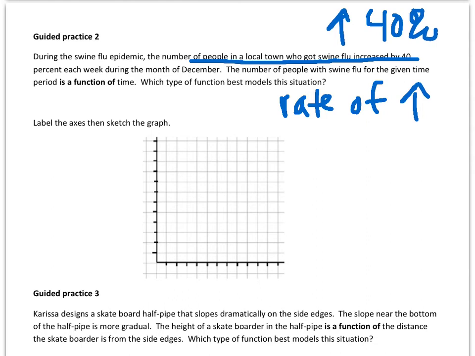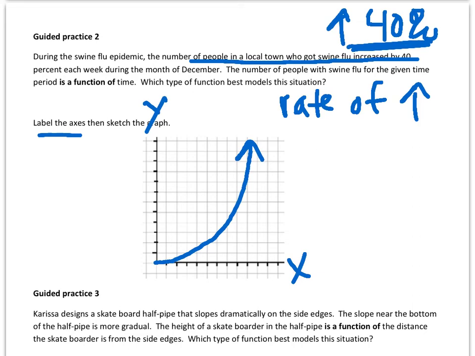This is a little bit different from the landscaping, where you had an hourly rate and you work so many hours, you get so many dollars. This is using a percent, 40%. So 40% of 100 is different from 40% of 200. So you're going to have a graph that is exponentially increasing in this case. It's going to be something like this. But label the axes still, y and x.